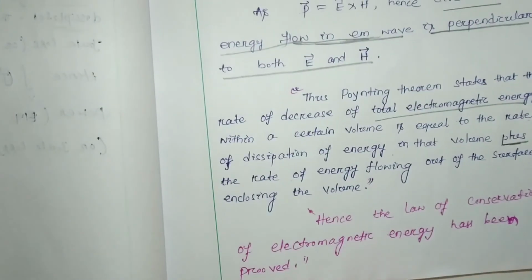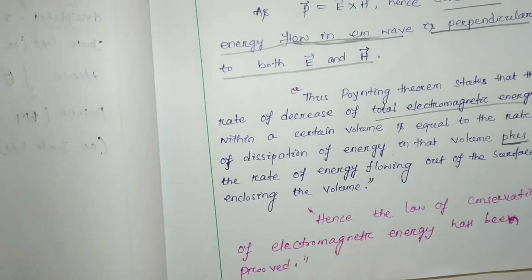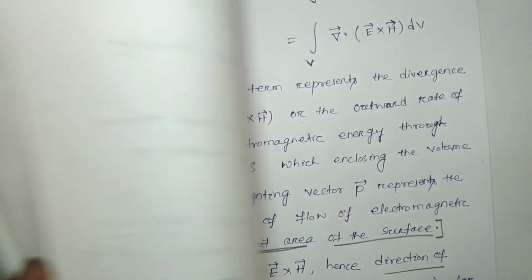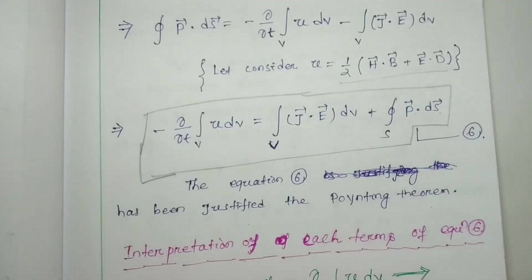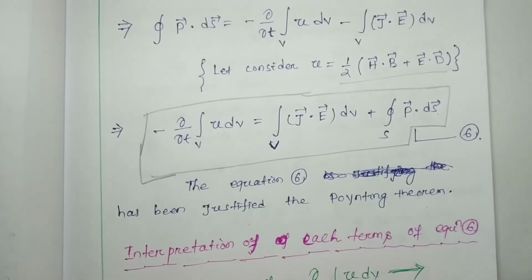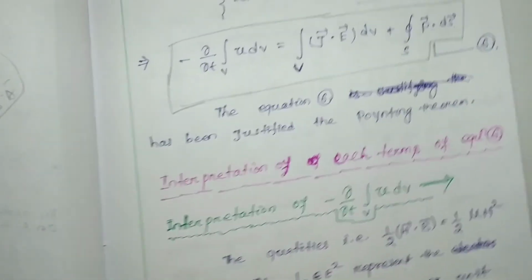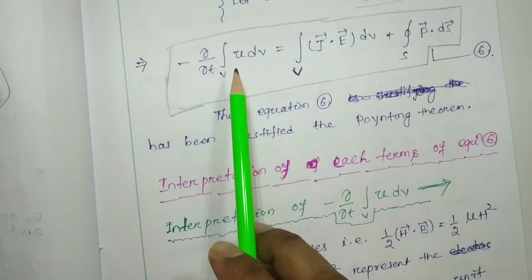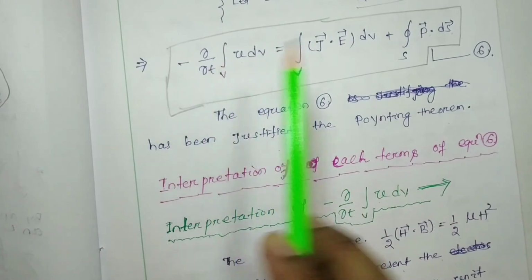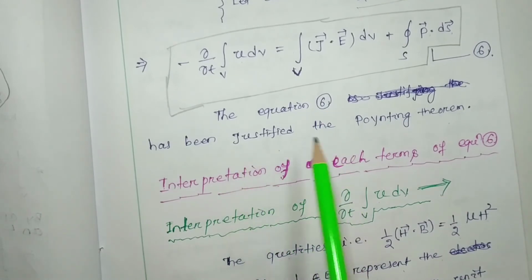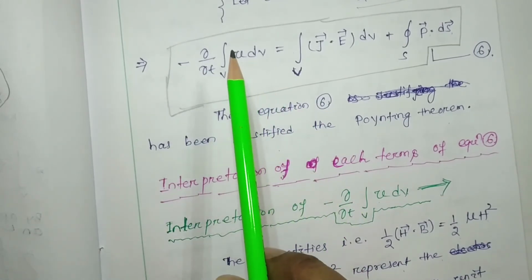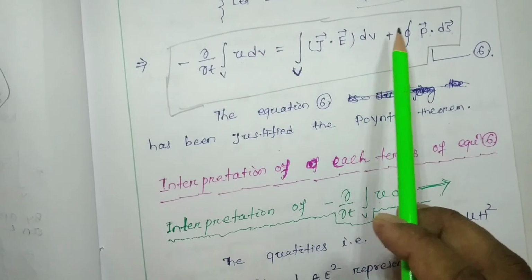So this is all about your Poynting theorem and Poynting vector. If this question is asked in your exam, up to this much you have to write, and you have to write the physical meaning of the terms in LHS and RHS. You write a heading, physical meanings of the terms in LHS and RHS.